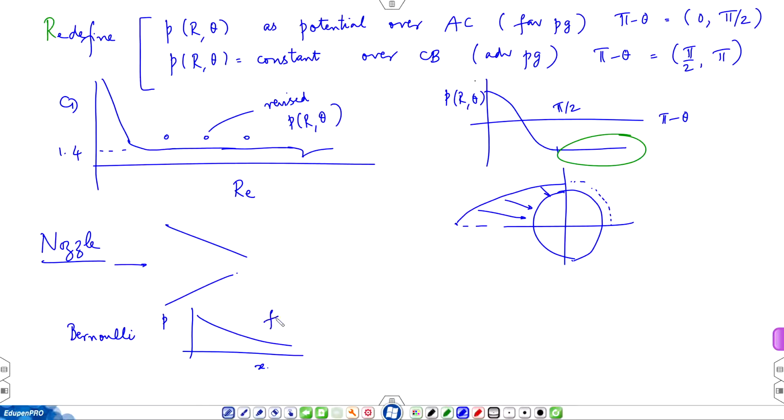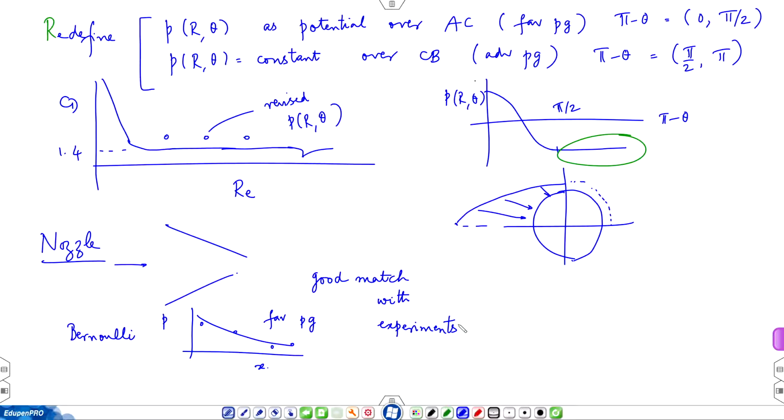So it's a favorable pressure gradient problem. You can carry out pressure measurements, and indeed you will see that experiments match potential theory. So you can write down good match with experiments.